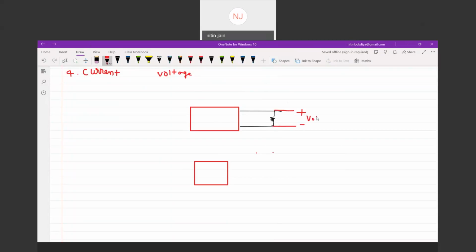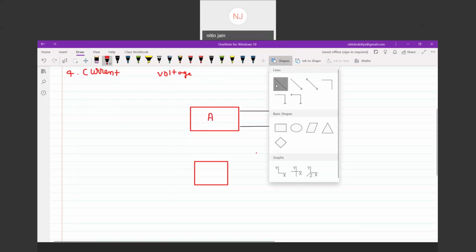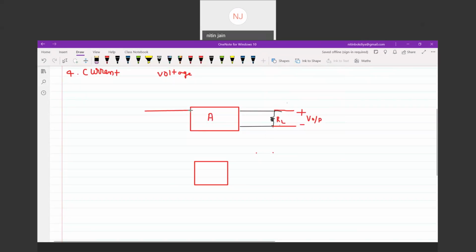This is V output, this is RL, this is A, and this is our input Vi, and this is connected to the output. This is our beta network.